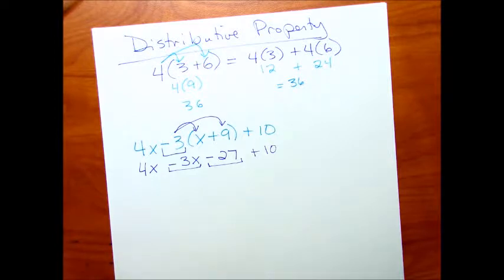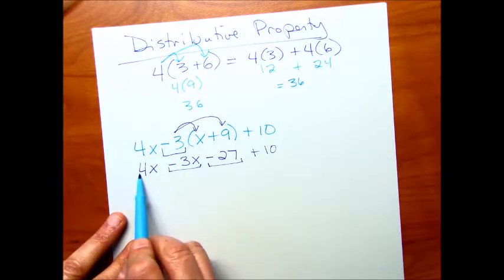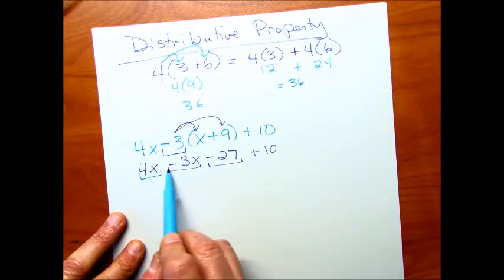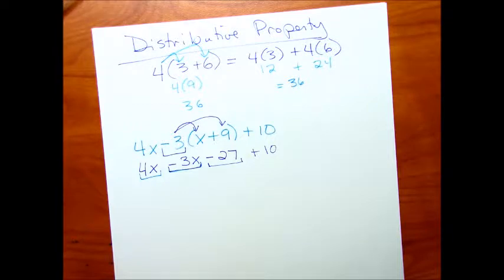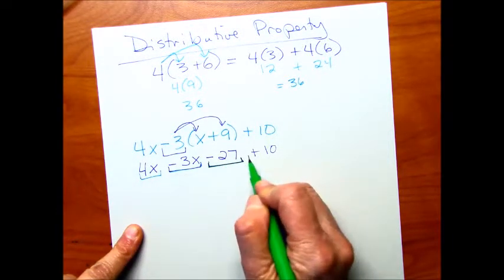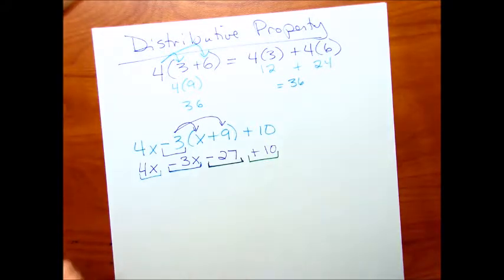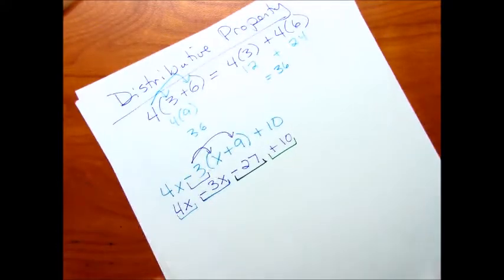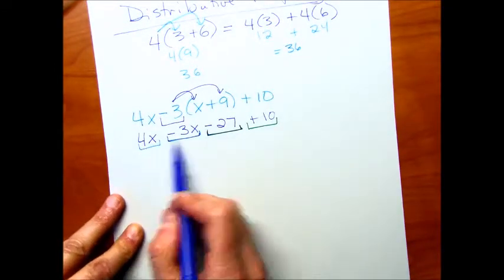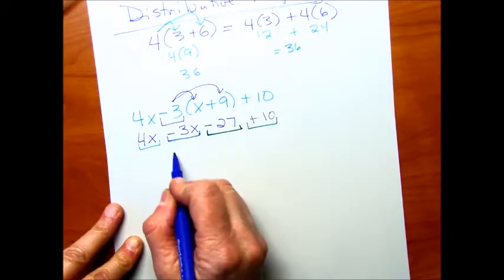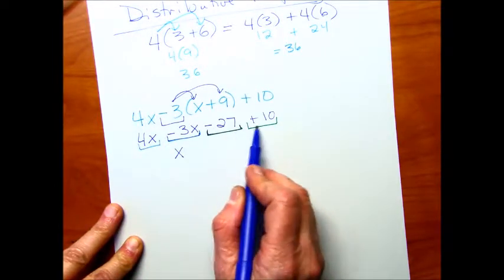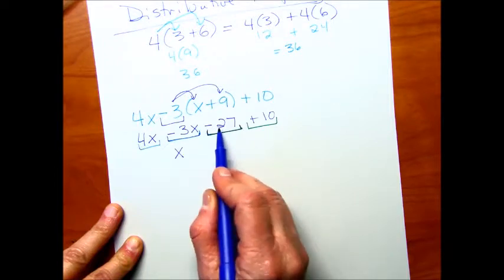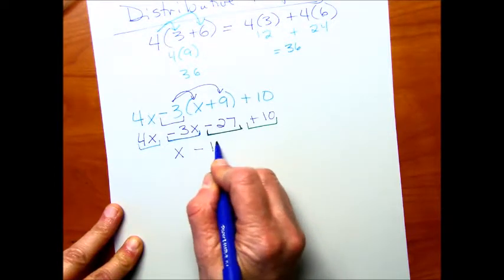So now it looks like these two parts here, a positive 4x and a -3x, those are like terms. And then we've got the -27 and the positive 10. So 4x minus 3x is going to give me 1x, or x. And then I've got -27 plus 10, so that's going to be a -17.